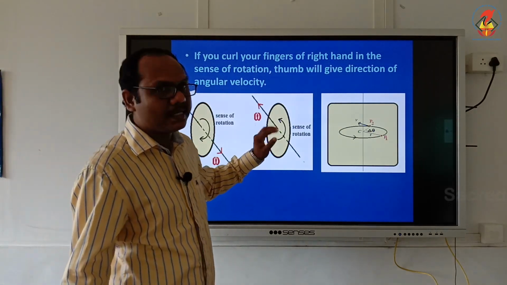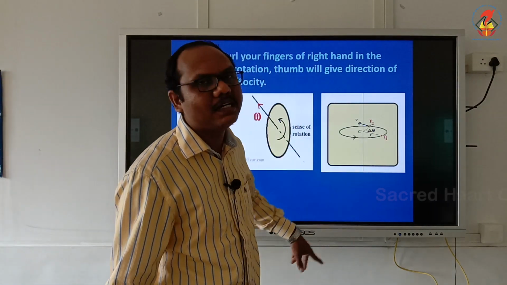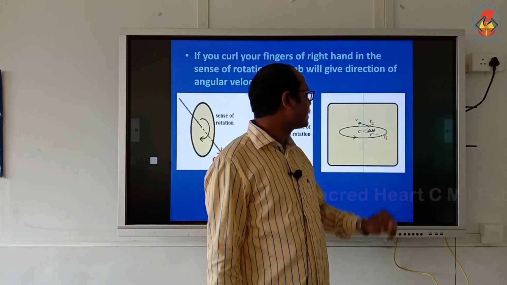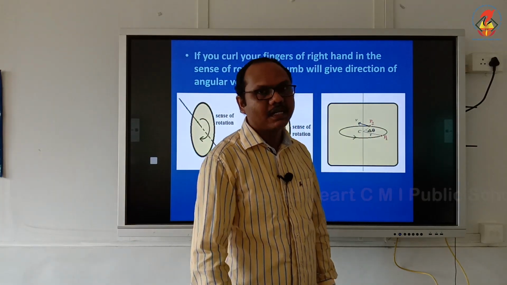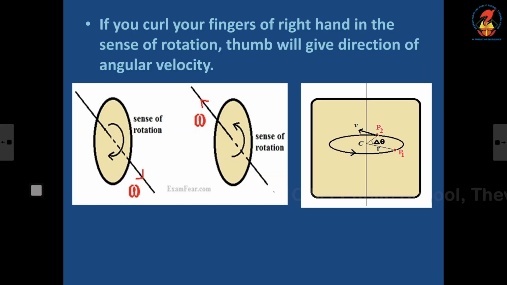So, before telling the direction, you just see this figure. The particle is moving in a circular path here, and one point is P1, then the particle travels, and after some time the particle reaches P2.